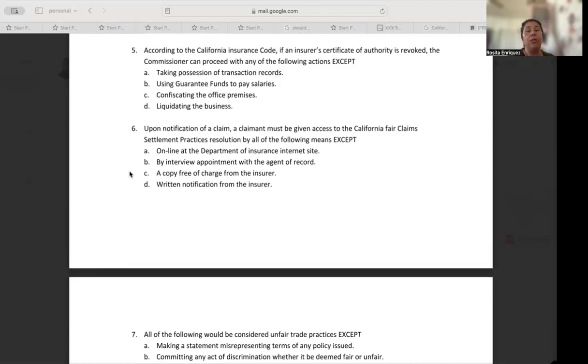According to the California Insurance Code, if an insurer's certificate of authority is revoked, the commissioner can proceed with any of the following. So all of these, except what? Liquidating the business? Sorry, no. The answer here was B, using guarantee funds to pay salaries.